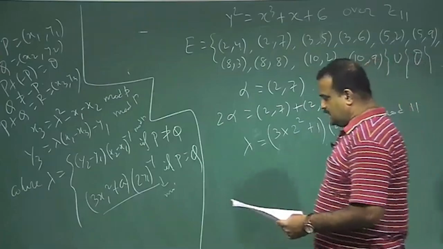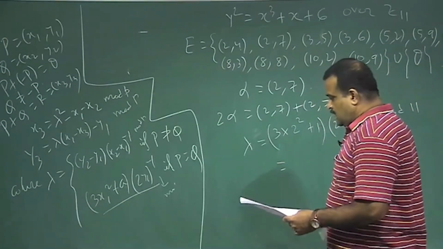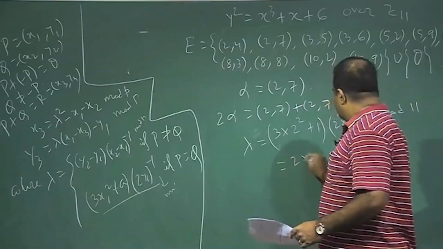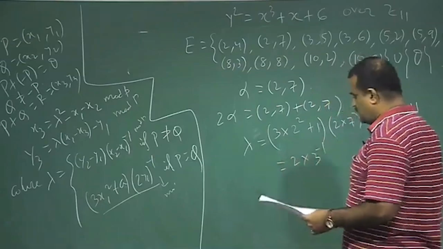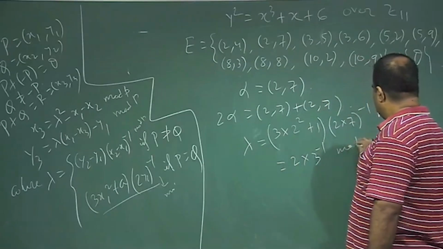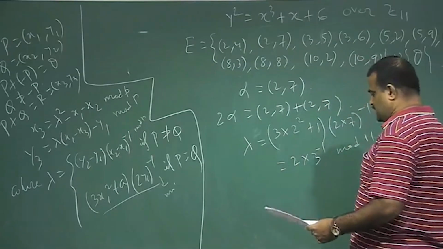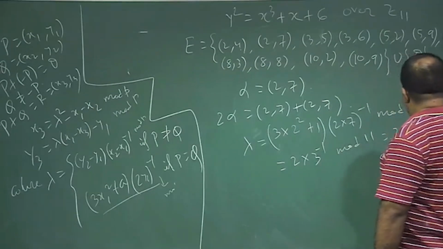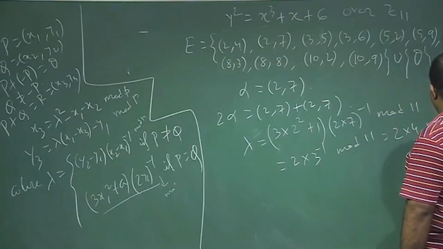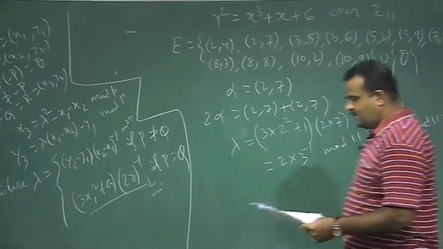This is basically 2 into 3 inverse mod 11, which is 2 into 4 mod 11, this is 8. So lambda is coming out to be 8.